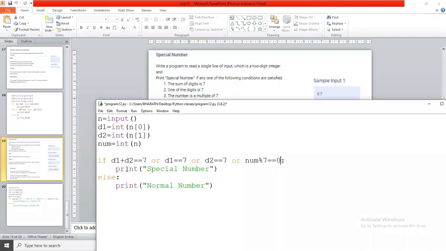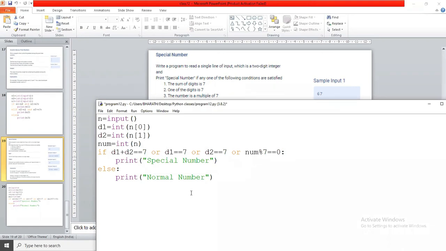In all these cases, if any one of these conditions is true, you are going to print special number. You can write this program in many ways. Now we are going to execute this program.